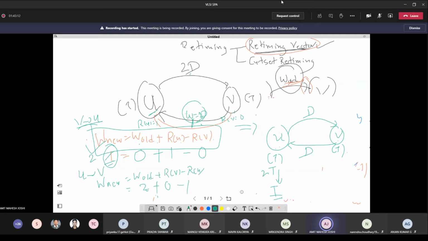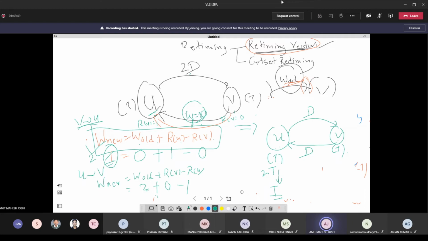If I am keeping 2D, that means ultimately, as D stands for delay element, I am increasing the delay elements. Now a delay element of course requires some area. So I do not want to introduce an area burden inside my circuit. So that's why, in retiming, if you need to break the critical path, then always think about a single D rather than 2D, 3D, 4D. Only a single D is good enough to break the critical path.